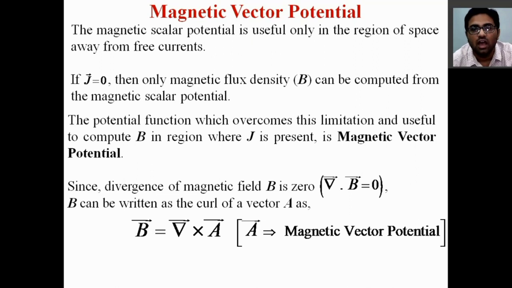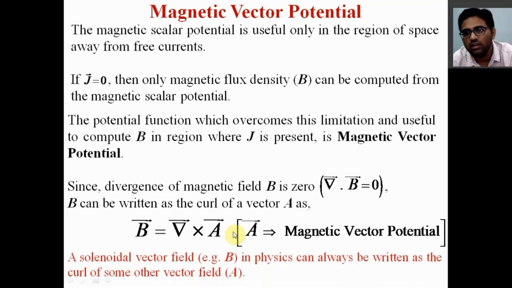Now let's see how to relate magnetic field with magnetic vector potential. Since divergence of magnetic field is 0, magnetic field can be written as curl of a vector A, and here A is called magnetic vector potential. You should remember that a solenoidal vector field in physics can always be written as the curl of some other vector field.